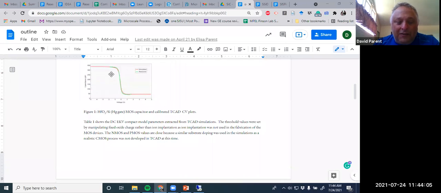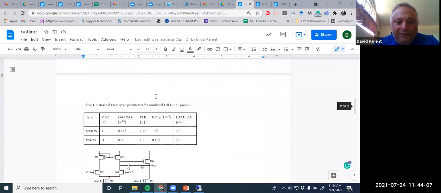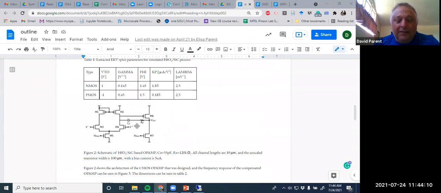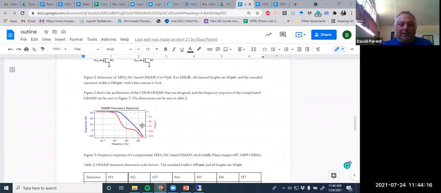Anyway, this was a report. You can see there's our CV plot. And then we extracted some SPICE parameters and made a simulation of an op amp, which we did. I believe that's in LTspice, right? And there's a Bode plot. And we talked a lot about stability in 110.